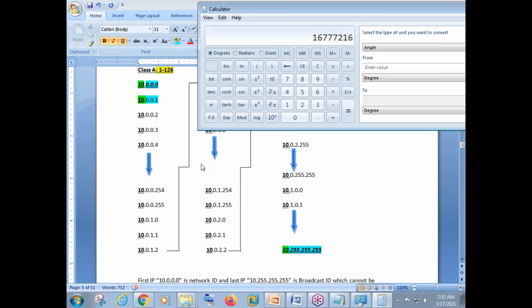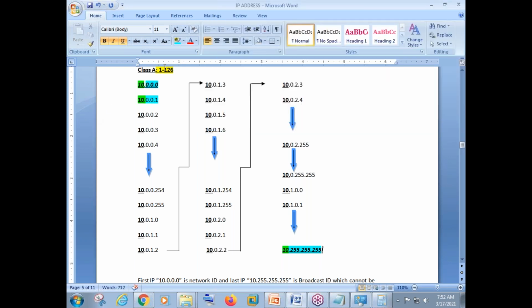So if you take a number like 10 from class A, out of the range 1 to 126, how many addresses are we getting? The first address will be 10.0.0.0 and the last address is 10.255.255.255. So it will be totally 16,777,216 addresses. If there is a company with more than 16 million devices, we can go with this address.